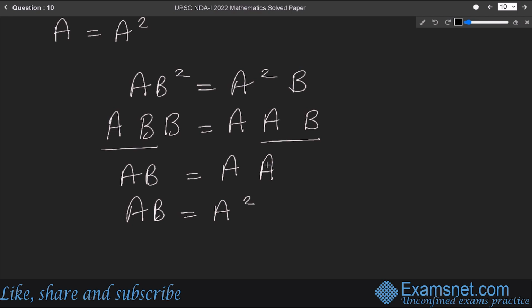And we know that the value of AB is A and the value of A square is also A. So, we can say that AB square is equal to A square B. Therefore, both the statements first and second are correct.